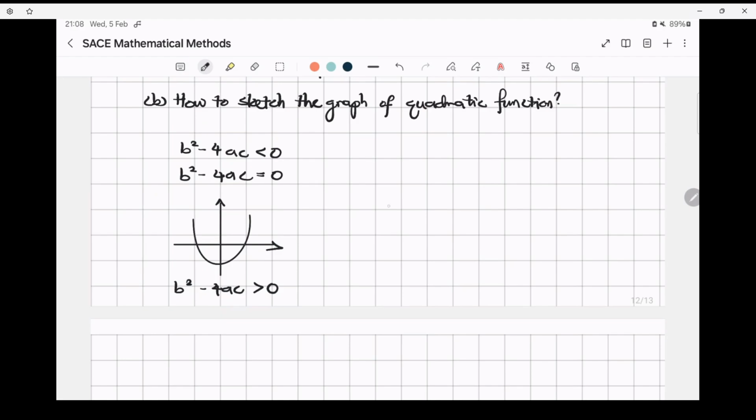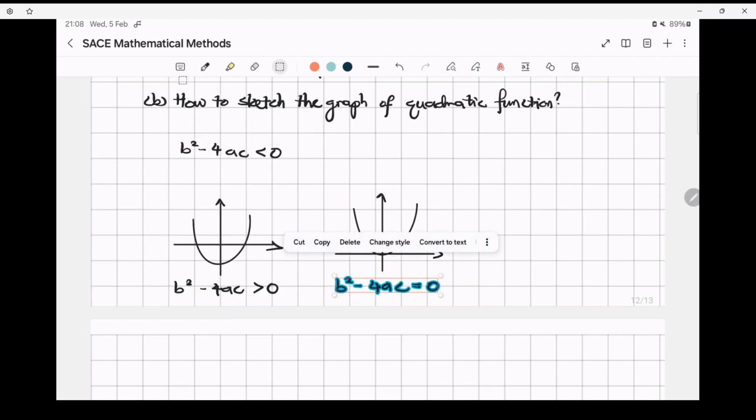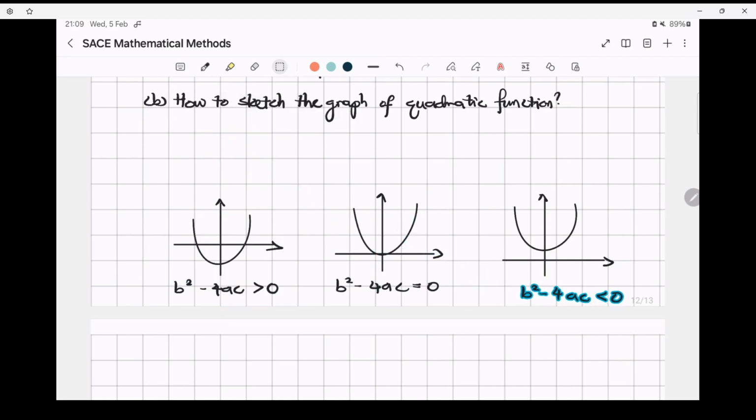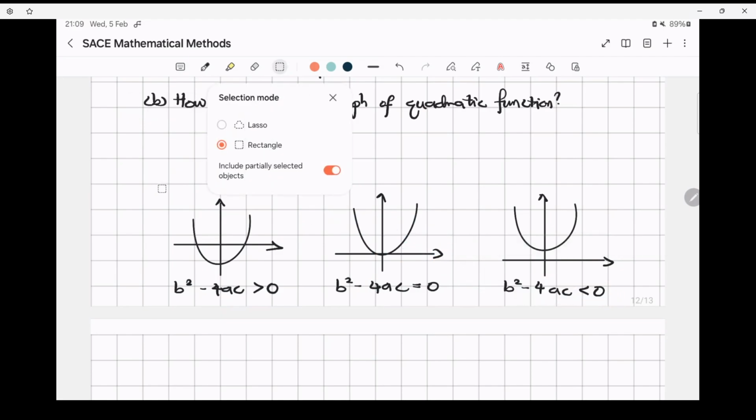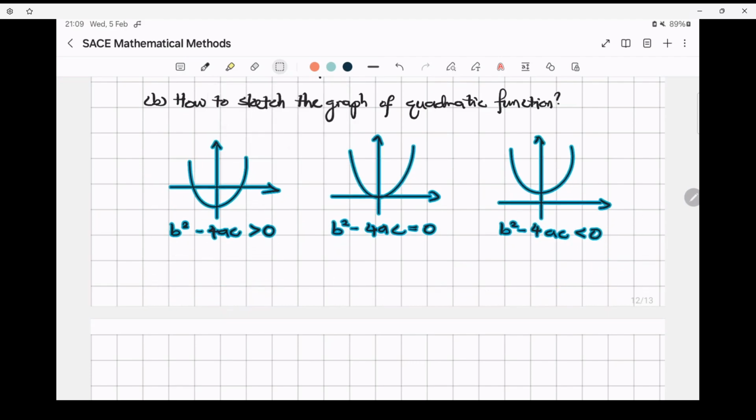So if let's say you have something like this, when it is just touching your x-axis, so we know that this is b squared minus 4ac equals 0. And the last one, if let's say your quadratic equation does not touch at all, then this will be b squared minus 4ac smaller than 0. So this is only true when your a is greater than 0.